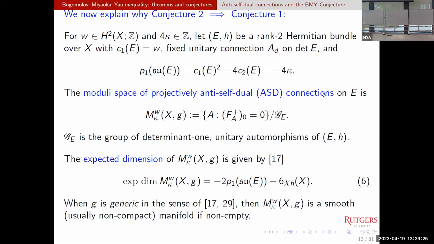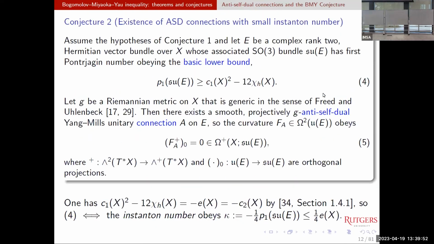To see why this conjecture might be useful topologically, I need to introduce or recall the definition of the moduli space of connections, which is the subject here, and just connections on this bundle. And it has a well-known expected dimension, which we're going to express in a certain way.